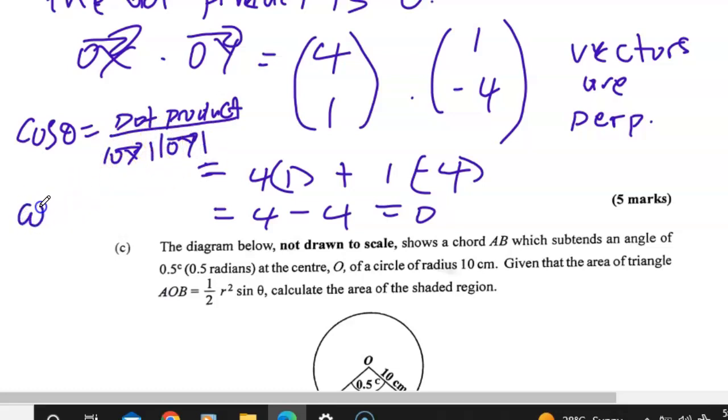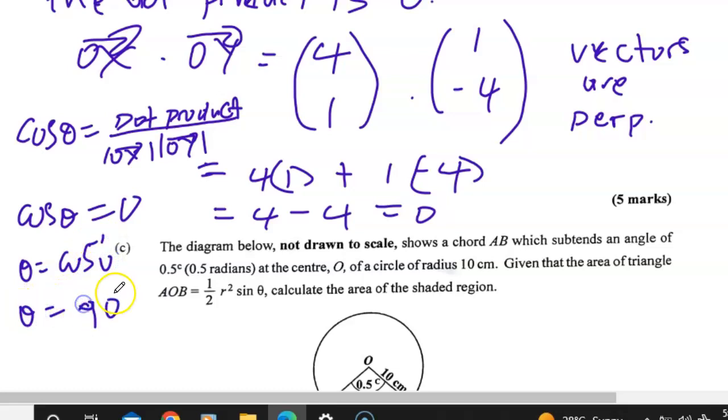Since the dot product is 0, you end up with cos theta equal to 0, and cos inverse 0 would be 90 degrees. So if that product is 0, cos theta is 0, which means theta, the angle between the two vectors, is 90 degrees. Alright, let's move on.